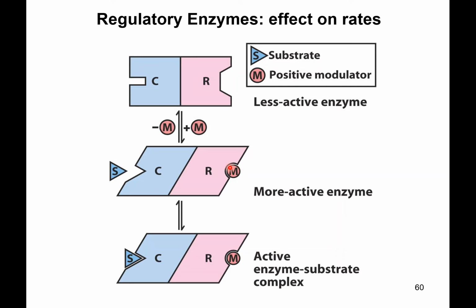When it binds that effector molecule, it can change the binding characteristics of the catalytic site, right, and allow faster binding. So this is really an example along the lines of allosteric regulation.